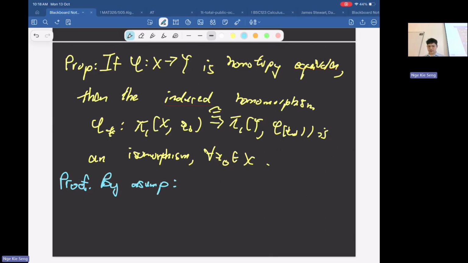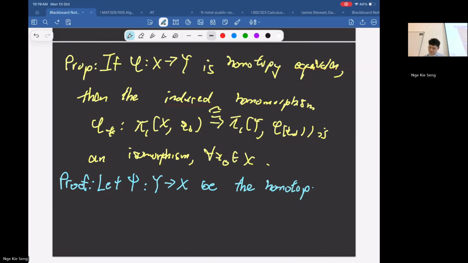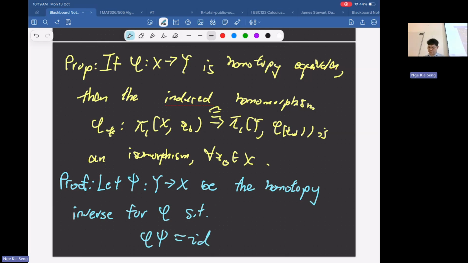By assumption, we have the name already, right? How about the other direction? Let psi from y to x be the homotopy inverse for phi, such that phi psi is identity and psi phi is also identity.